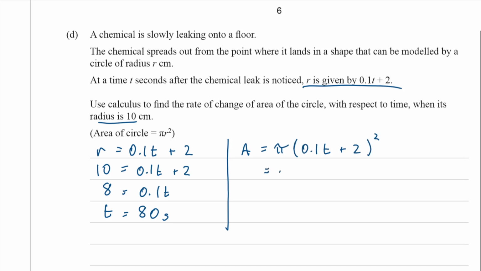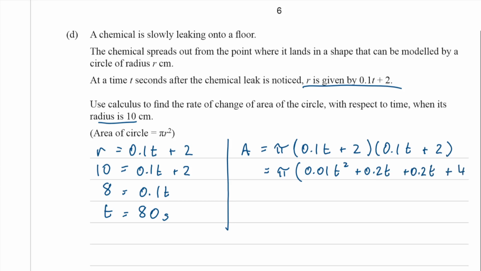So just expanding those brackets out. It's always a good idea when you're expanding to write it out in full so you don't miss the middle terms. So we have 0.1 times 0.1, 0.01t squared, plus 0.2t plus another 0.2t plus 4.